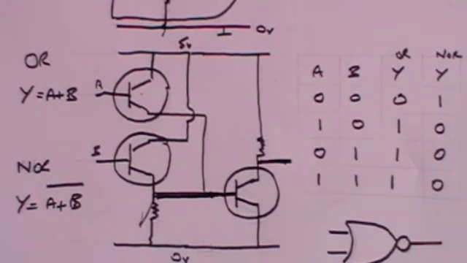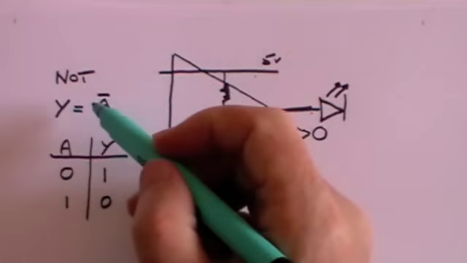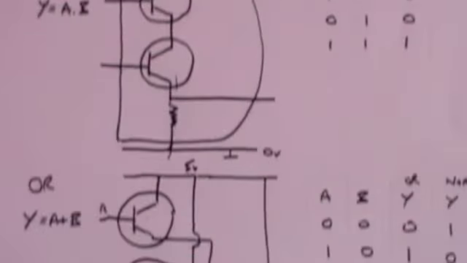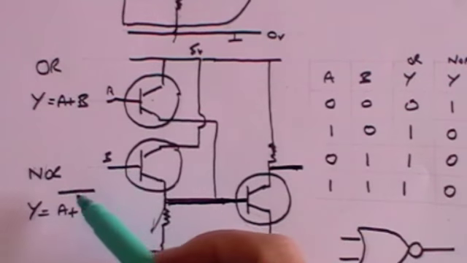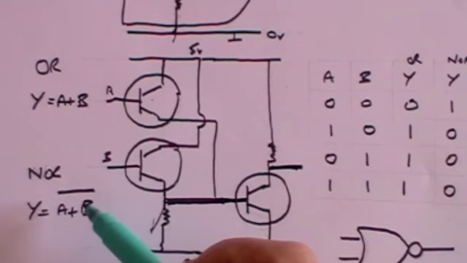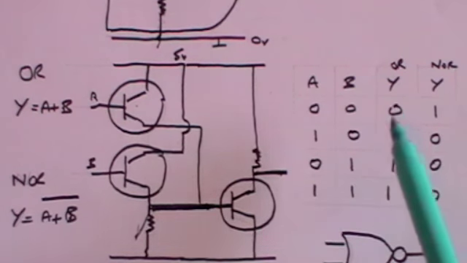Remember that a line over the top, in the same way as we did it with the NOT gate, I said, meant that there's a NOT element to it. So here we've got a NOT OR. This is the OR gate. This is not an OR gate. It's the opposite of an OR gate, giving us the exact opposite output to what you would get from an OR gate.